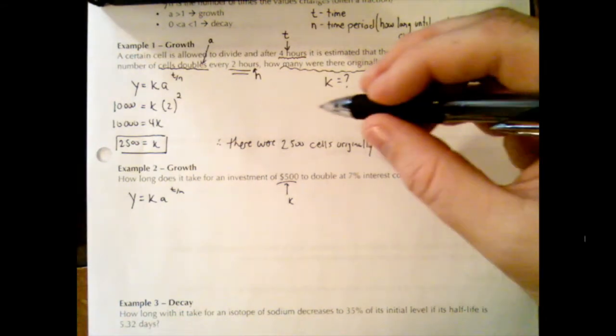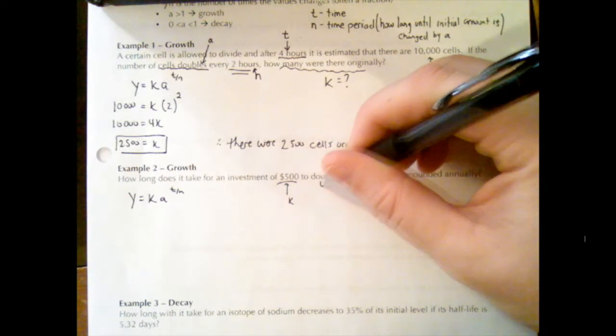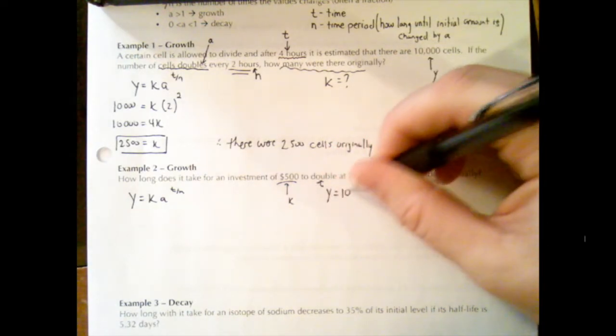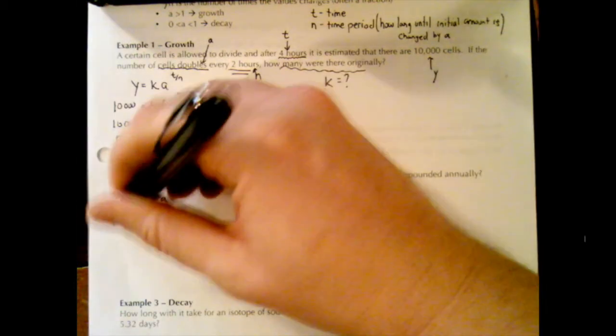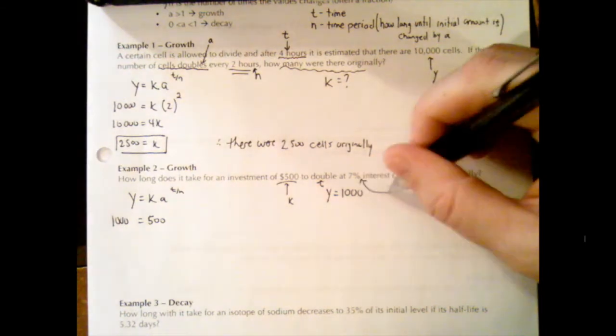We want to know how long it takes for the amount to double. So this double tells us something about y. We want to know how long until we have $1,000. So we now know y is 1,000. K was 500. Do we know anything about A? Well, we know that we're increasing by 7% each year.